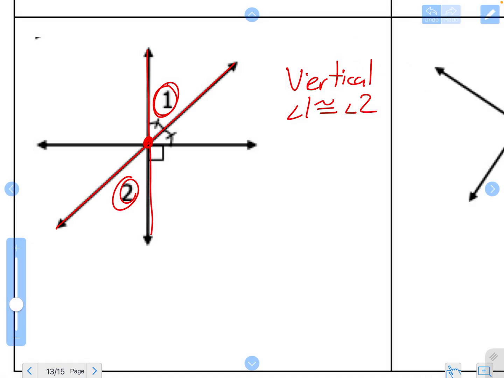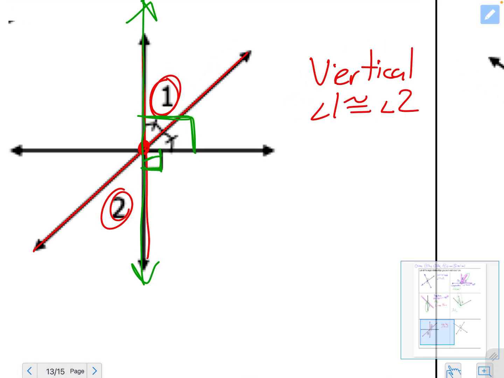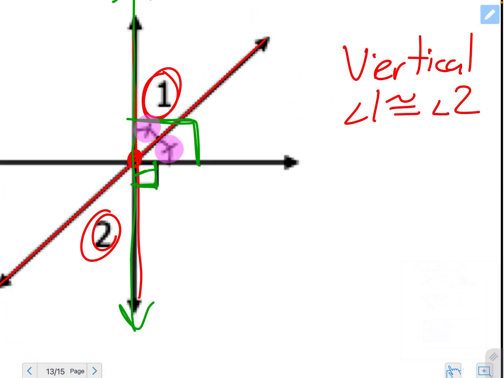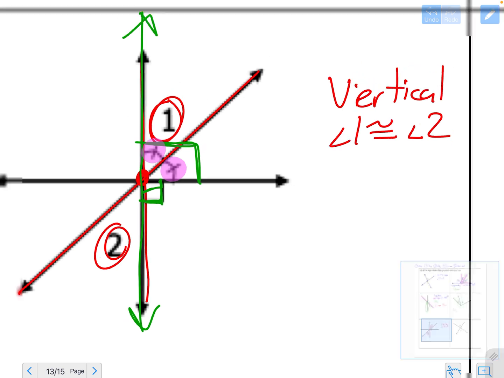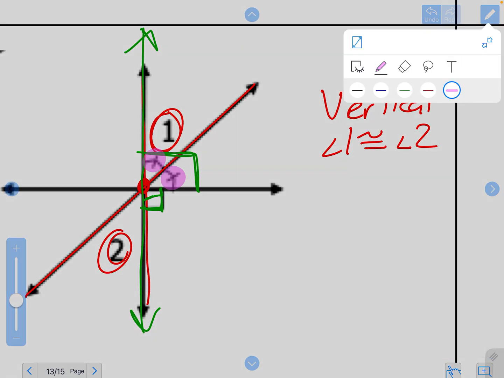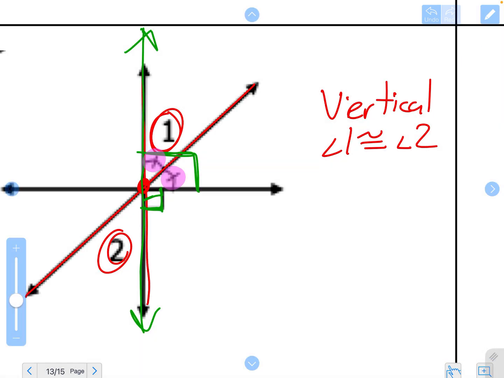But we got to look at some more information because this diagram has more information than just vertical angles. So it tells me that this right here is a right angle. And because that right angle is on a straight angle, I know that these 2 angles here also equal 90 degrees. And if we look at these markings here, it tells me that these 2 angles are congruent. So I know that this ray right here is a bisector.